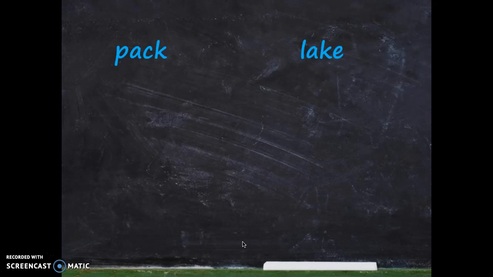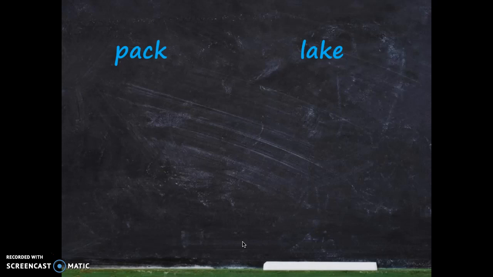Now that you guys are back and you have something to write with, I would like you to write the words pack and lake. Do you hear the A sound in p-a-k, pack? This is a short A sound. Do you hear the A in lake?